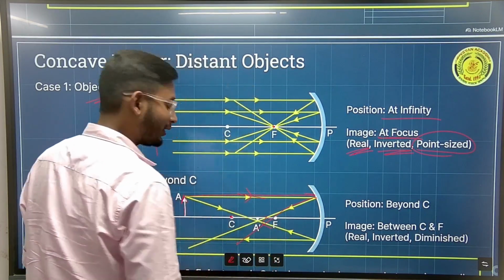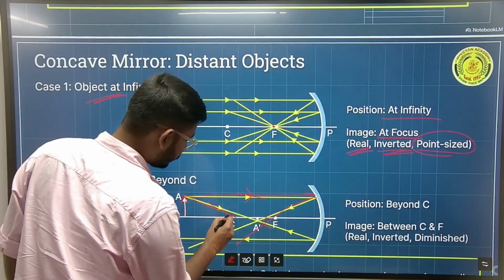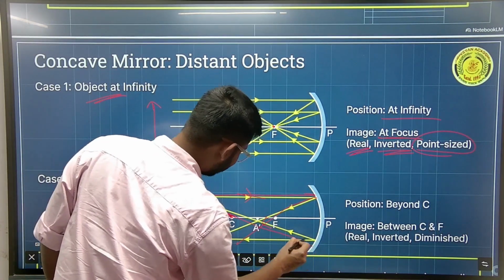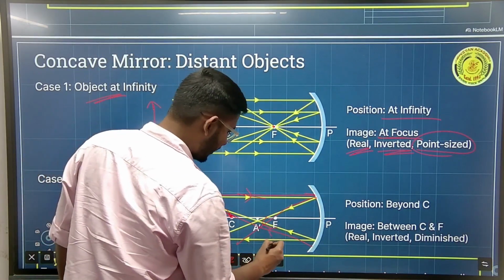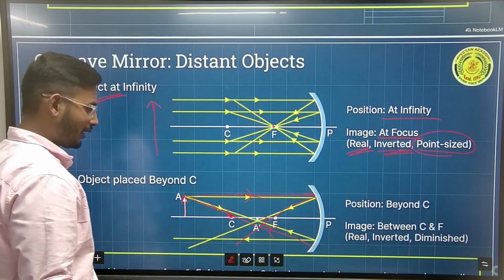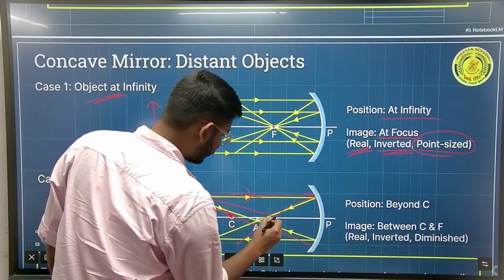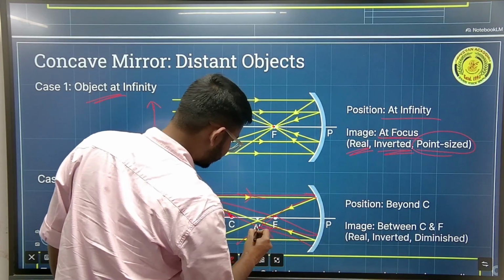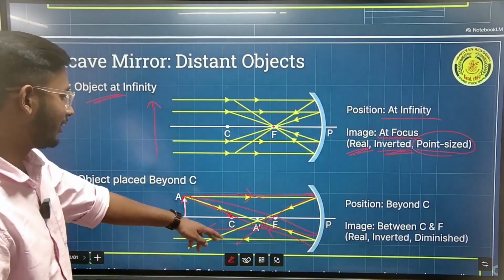The rays which are going through C follow the same path. And the light rays which are going through focus, after reflection, the reflected ray becomes parallel to the principal axis.